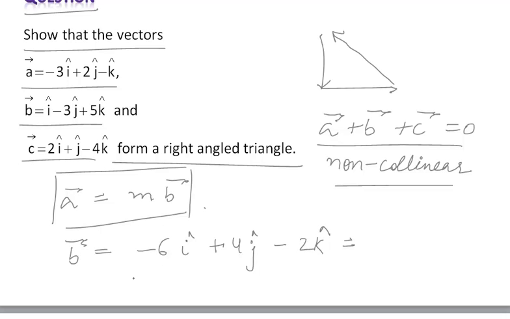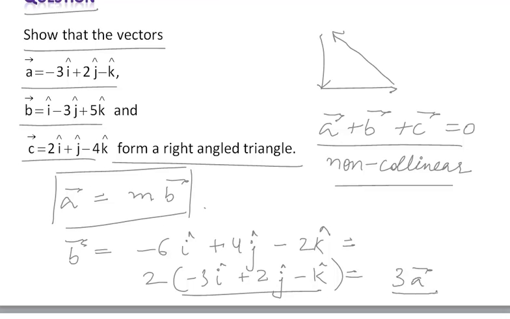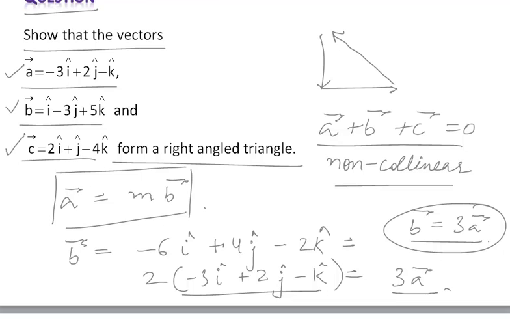Then this can be written as 2 times of -3 i cap plus 2 j cap minus k cap, and this in turn is equal to vector A. Okay, so vector B is 2 times vector A. So these two are parallel to each other. Now in this particular case, A, B and C, if you look closely, there is no such relationship that is possible. So all three are non-collinear.